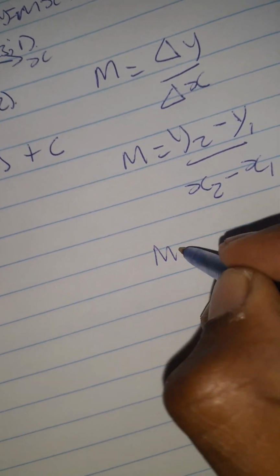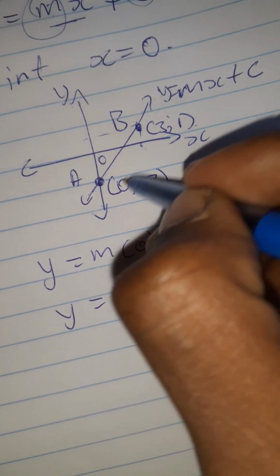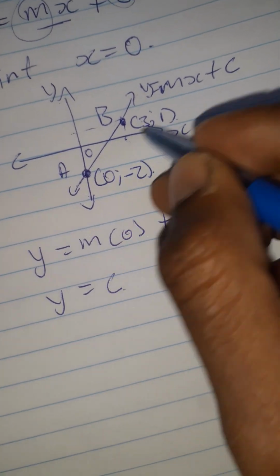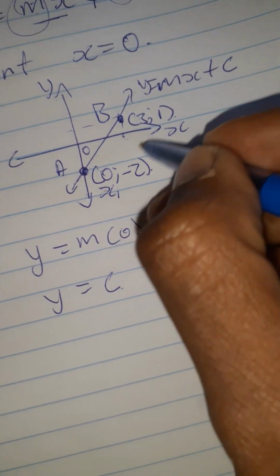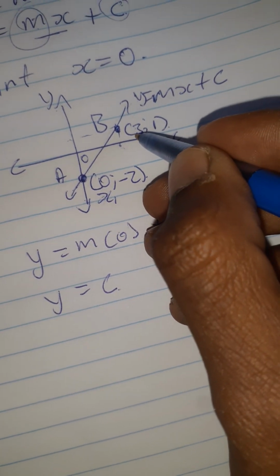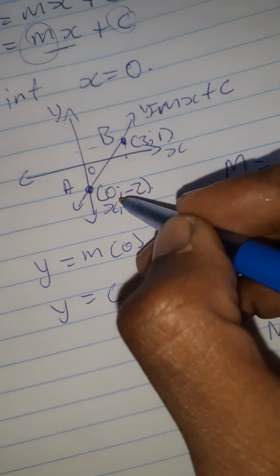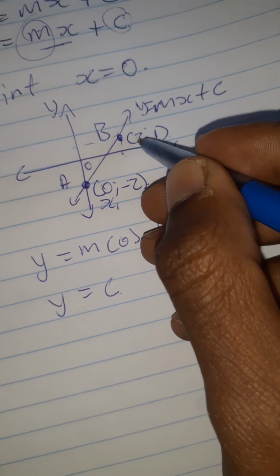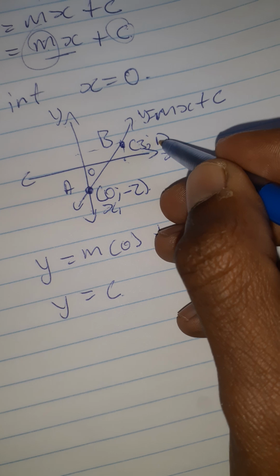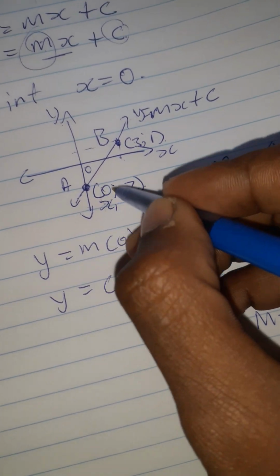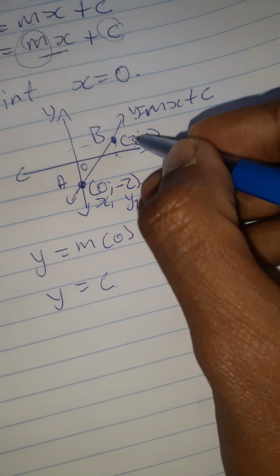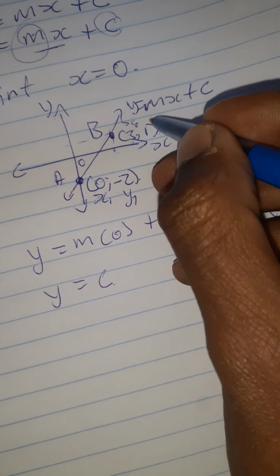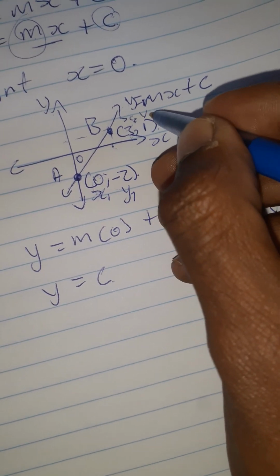To find your gradient, you can pick any point and make this one x1, or you might as well choose this one to be your x1. But if you choose this one to be your x1, this has to be your y1. Then this will be your x2, and this will be your y2.